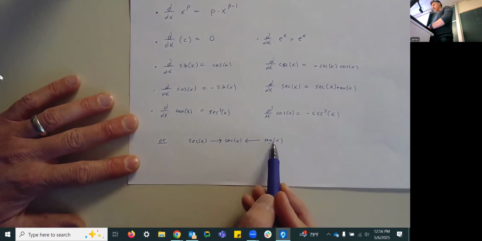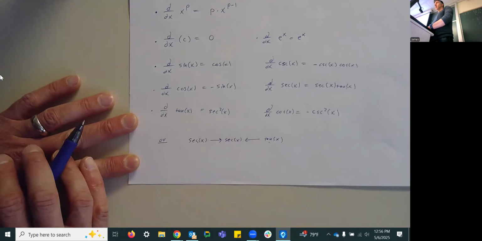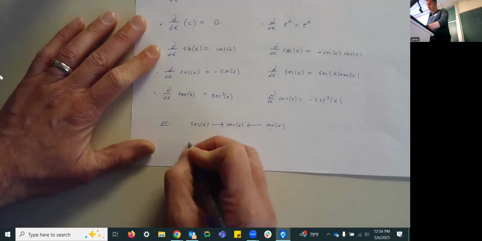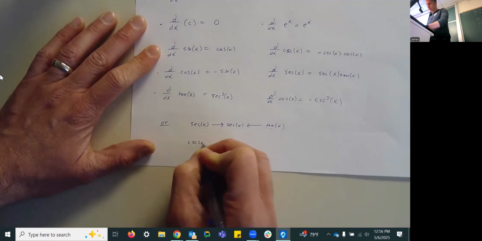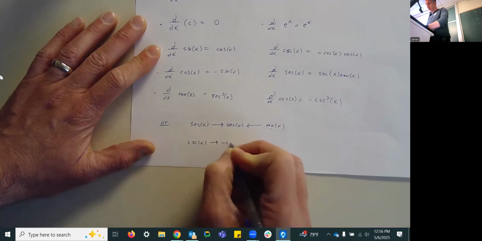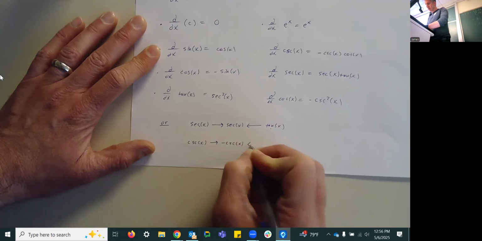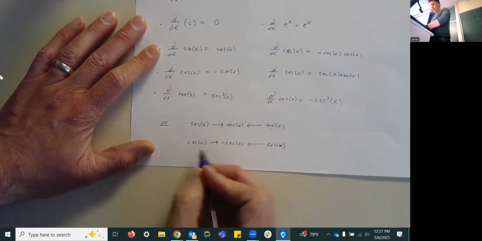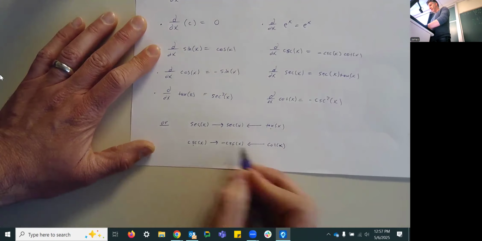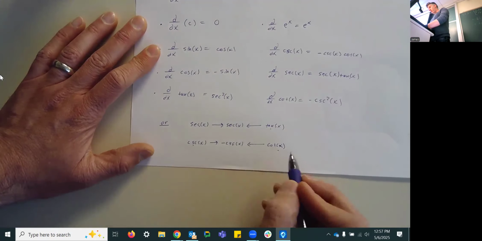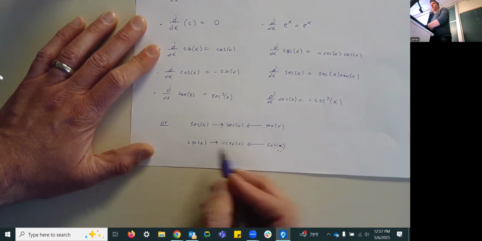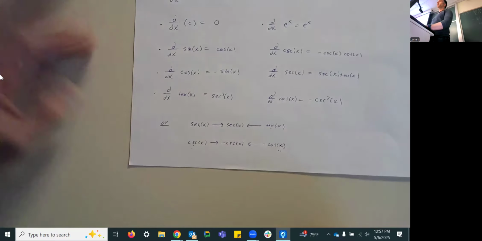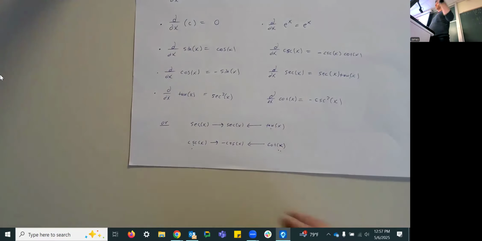The derivative of tangent is secant times secant. And it also works if you do cosecant of x, negative cosecant of x, cotangent of x. The derivative of cosecant of x is negative cosecant of x times cotangent of x. The derivative of cotangent of x is negative cosecant of x times cosecant of x. It works. It's not how I think of it, but it certainly has worked for students in the past.